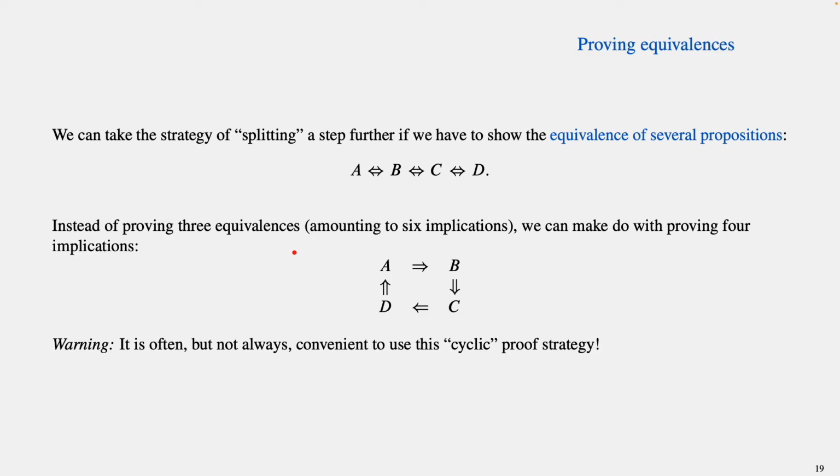Very often you can do it if you have multiple equivalences to follow such a cyclic approach, but in some cases it just may not work out easily that way. But it's always worth trying. I'm not going to show you an example of this right now, but we will see many examples later on in the course. So look out for it.